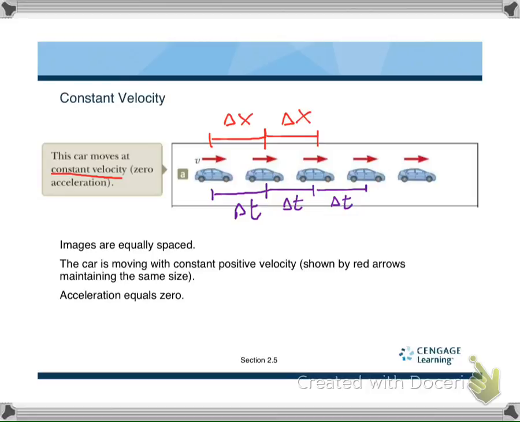And when you draw the motion diagram, you can see that the car are equally spaced because the velocity is a constant, acceleration is 0. Okay. So that is the first case.